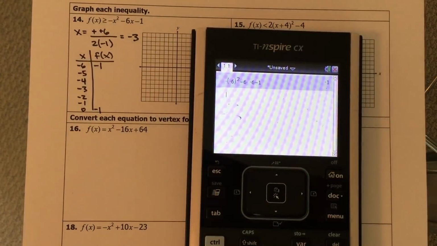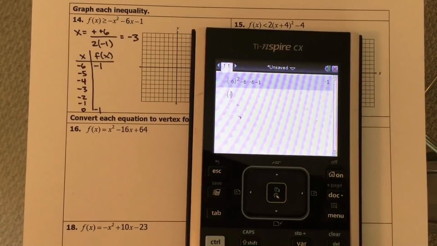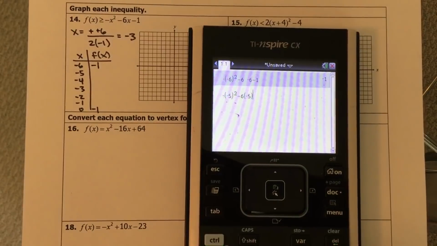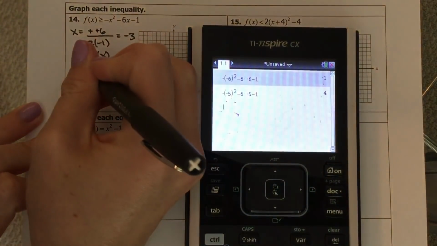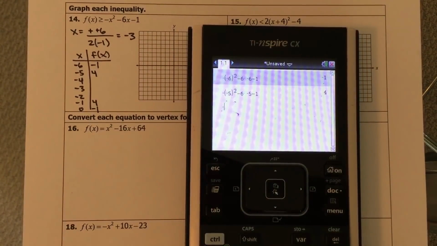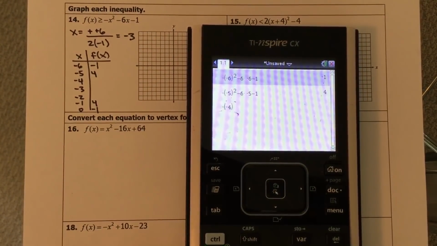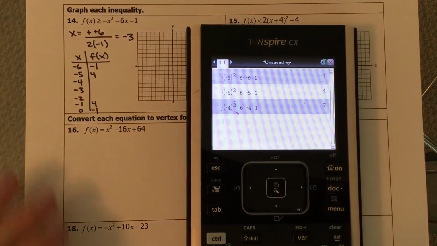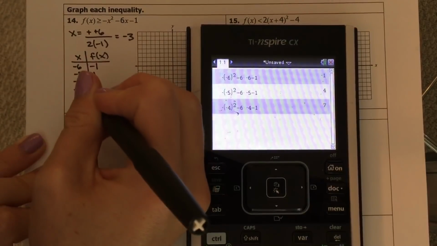Second value is a -5, so -(-5)² minus 6 times -5 minus 1. That is a 4, which is mirrored. Second to last one, -(-4)² minus 6 times -4 minus 1. That is 7, and it's mirrored.